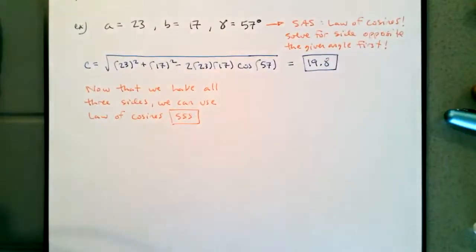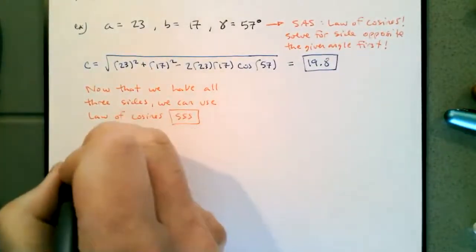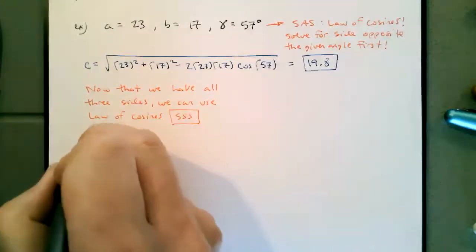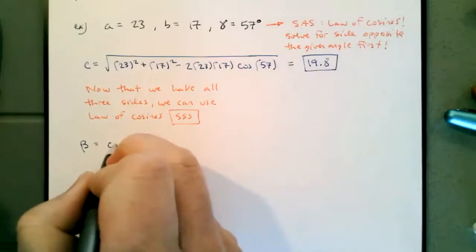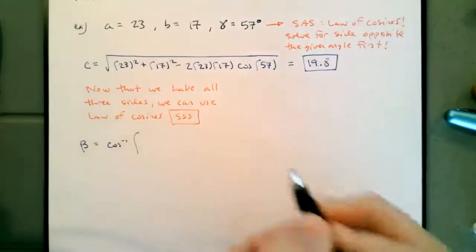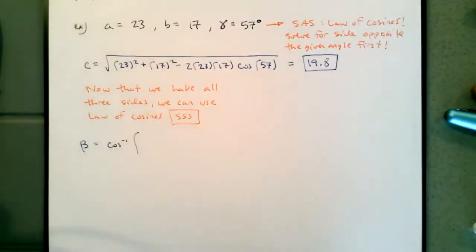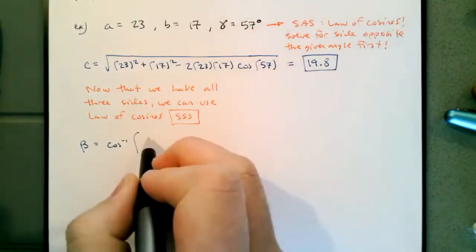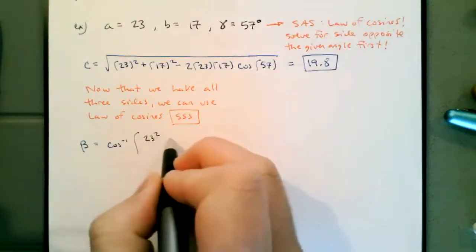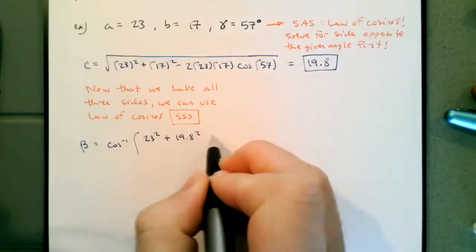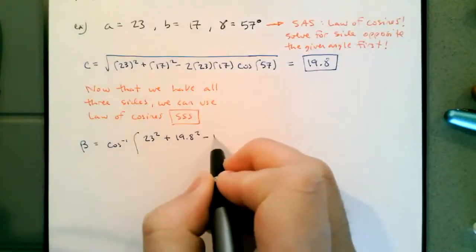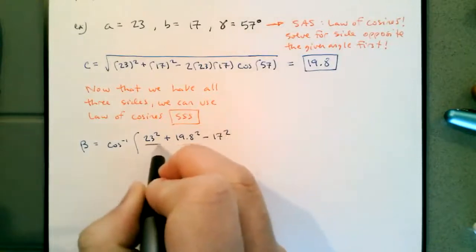So I could say beta is going to be the cosine inverse of, since b appears once, a squared plus c squared minus b squared over 2ac.